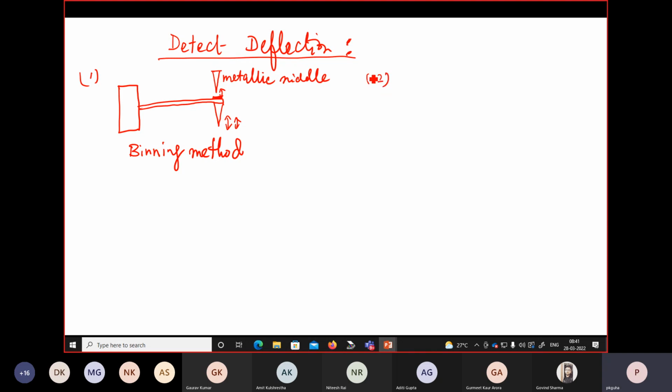But later on people found that it is very difficult to use two probes like this. It's not easy. So there are other methods. For example, one method uses an interference pattern. I have a cantilever probe, and an arrangement where the light comes and is reflected back from the metal surface here.